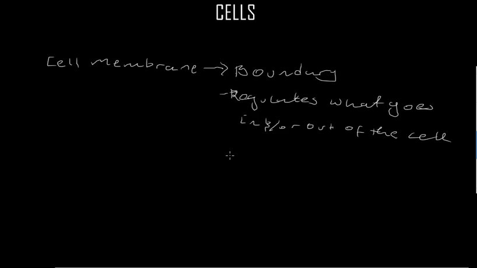For it to do that, it should be able to allow certain substances to go in, and should be able to stop certain substances from going in. So when we think of it in that way, we say the cell membrane is semi-permeable. Here's a term that you have to know.